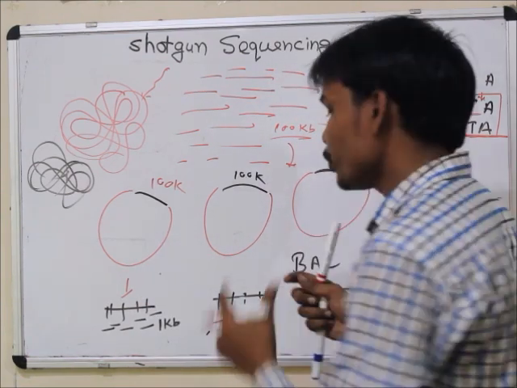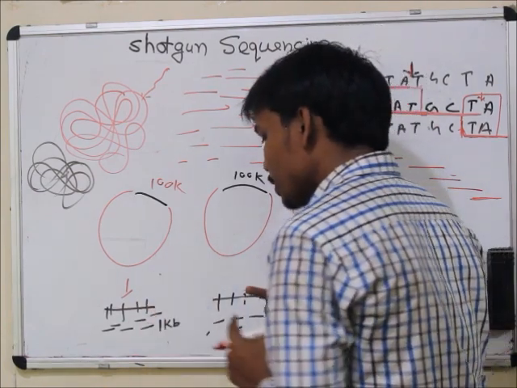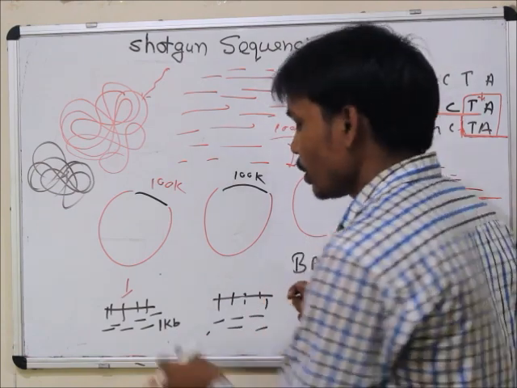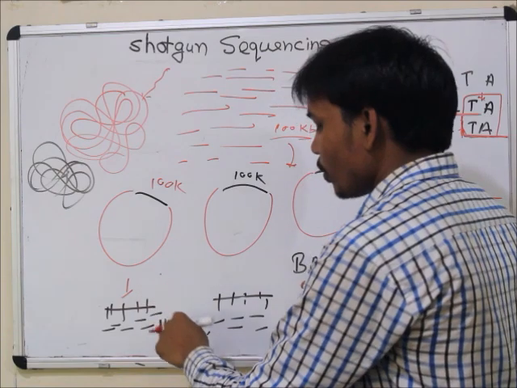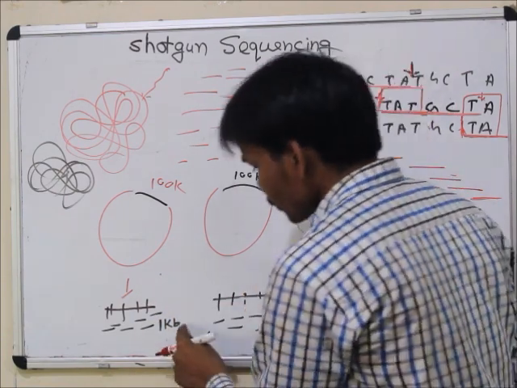You know. If you do not know the Sanger method of DNA sequencing, then go back to the JK biology and see the Sanger method of DNA sequencing. Then you will find it easily. That's how any 100 kb, 1 kb or below 1 kb DNA sequence will be sequenced.